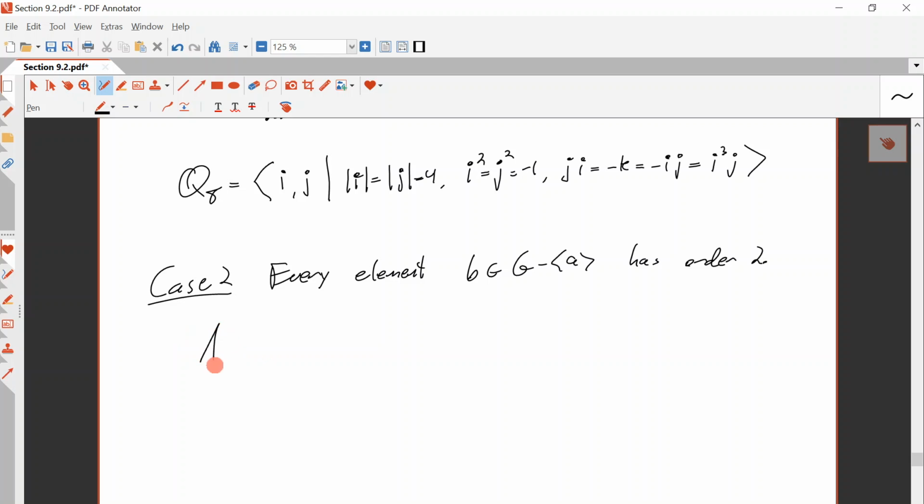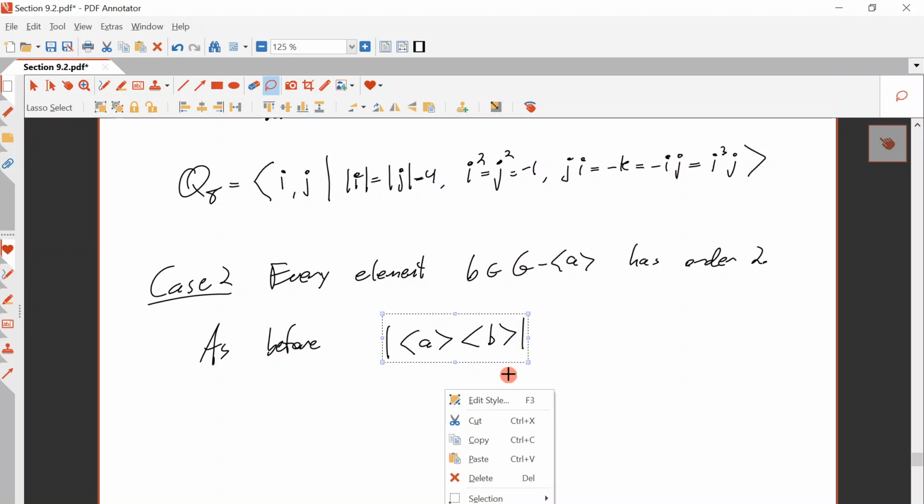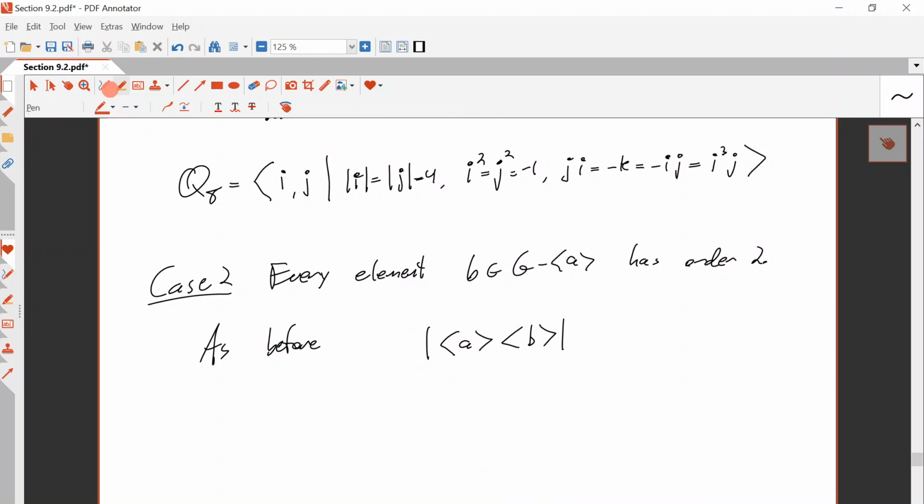So as before, A and B, right? So B is not part of the cyclic subgroup generated by A, right? So A is a normal subgroup.